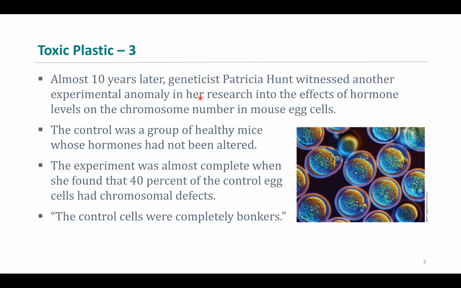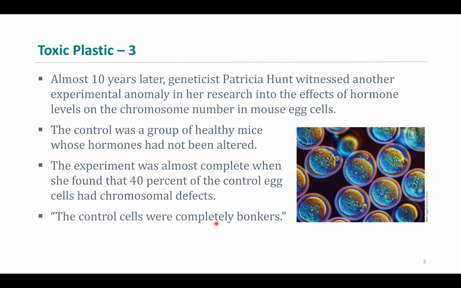She was looking specifically at the chromosomes in mouse egg cells, and what she observed was that in the control containers, pretty much 40% of the eggs had chromosomal defects. So it ruined the entire experiment.